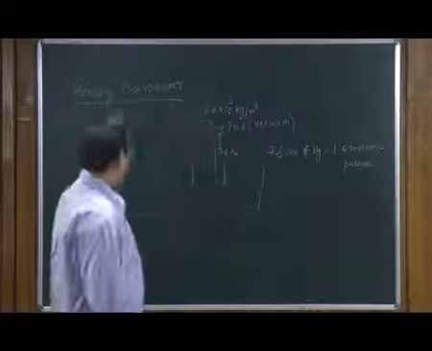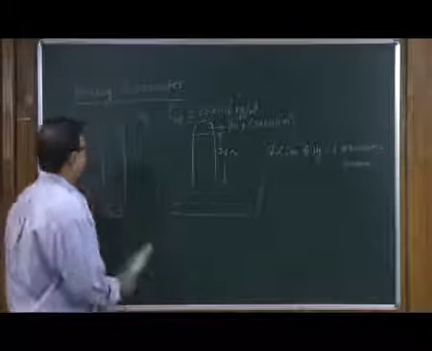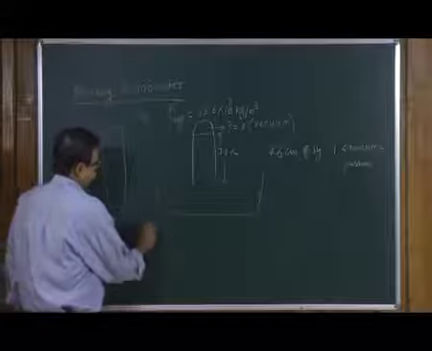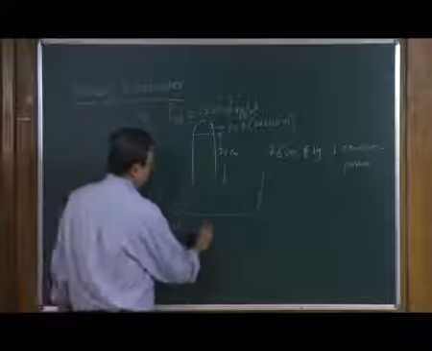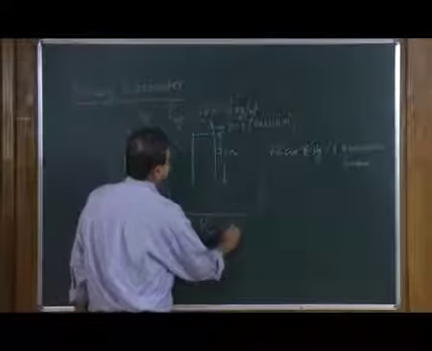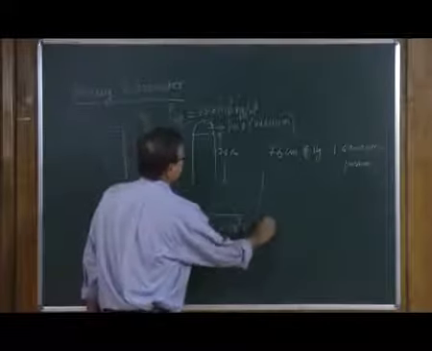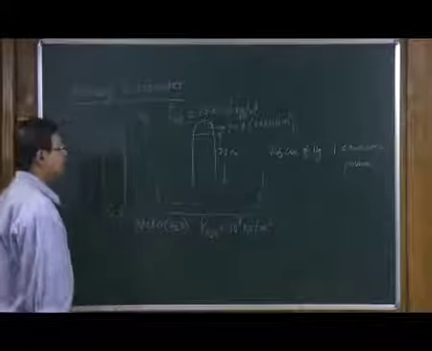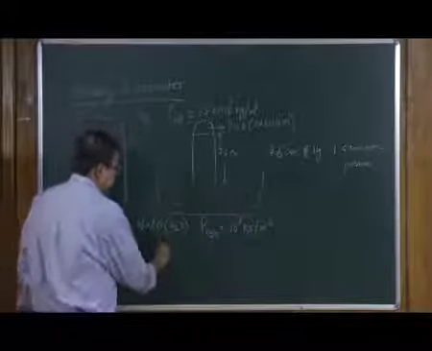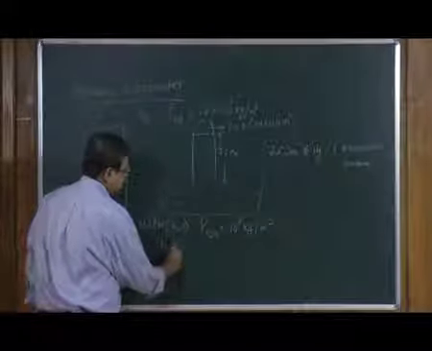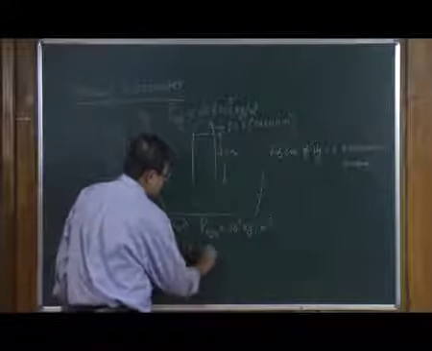Now, suppose you want to fill it with water, not with mercury. Water, H2O, has a density of only 1 into 10 cube kg per meter cube, and in that case the height of the water column that you need is 10.3 meter.